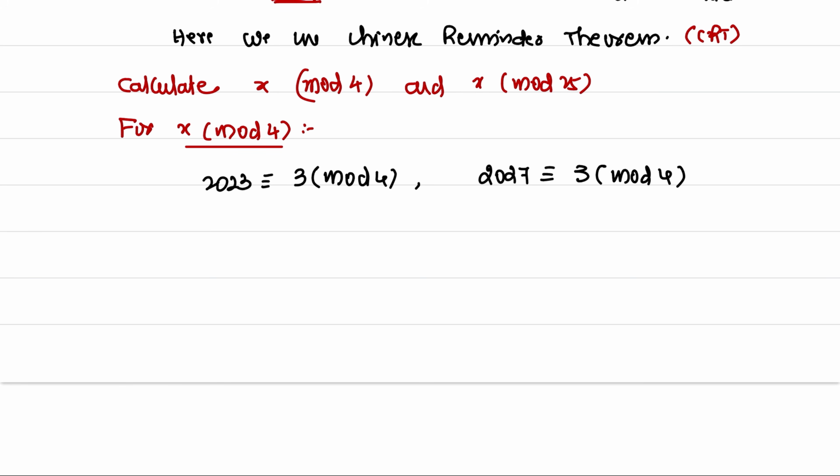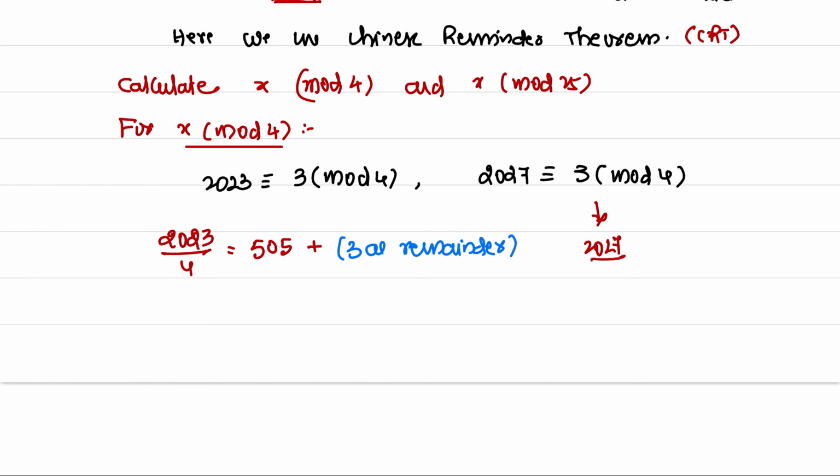Here I will clarify one thing. 2023 divided by 4 is equal to 505 plus 3 as a remainder. 2027 by 4 is equal to 506 plus 3 remainder.